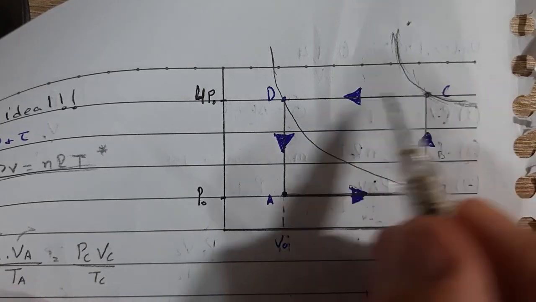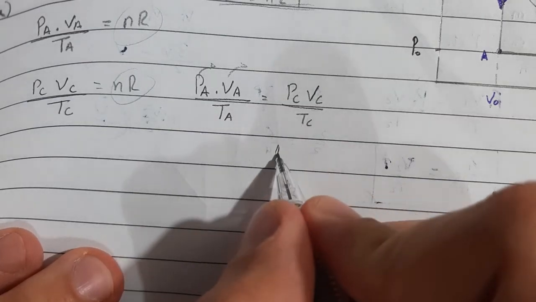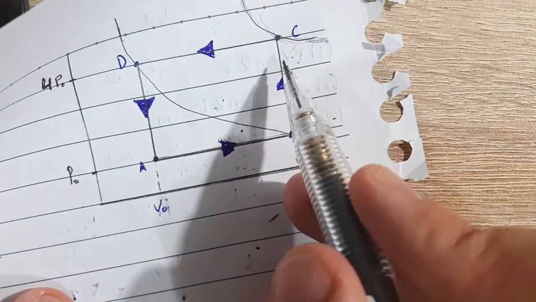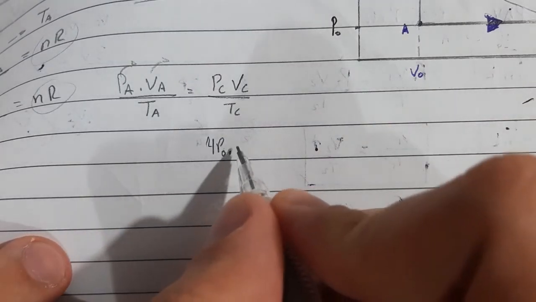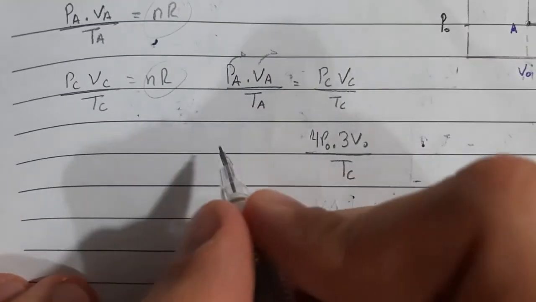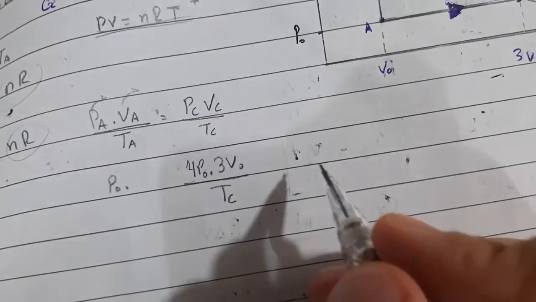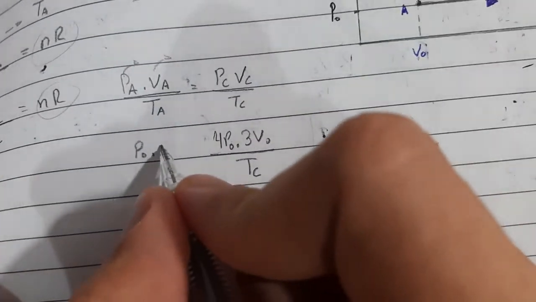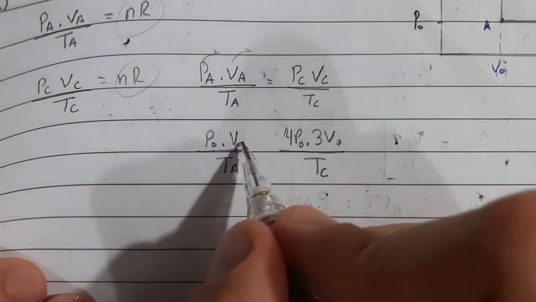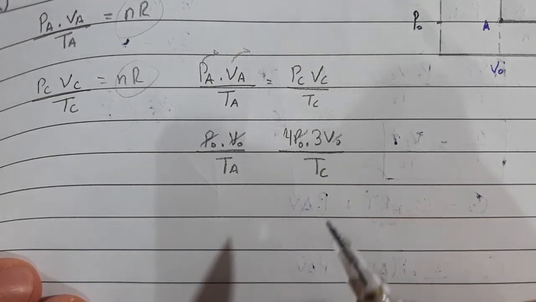So P_C is equal to 4P0, and volume in C is 3V0, divided by temperature in C. The pressure in A is P0, and the volume in A is V0, divided by temperature in A. So we have V0, P0, P0, V0.